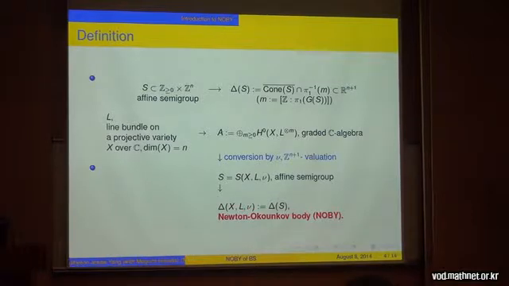The valuation means you assign n+1 integers to each section. So once we have an affine semigroup, you get the convex set. In this situation, you always get a compact convex set, and it is called the Newton-Okounkov body.